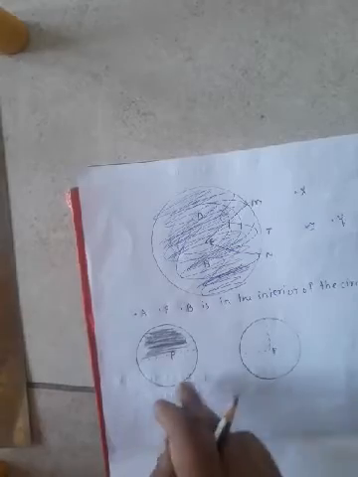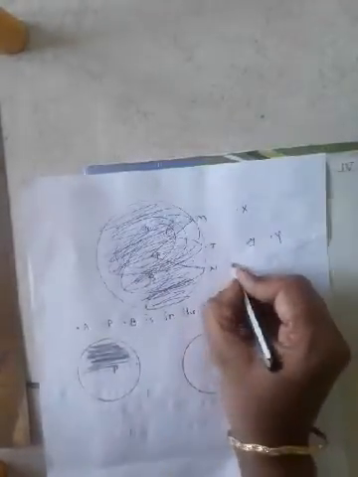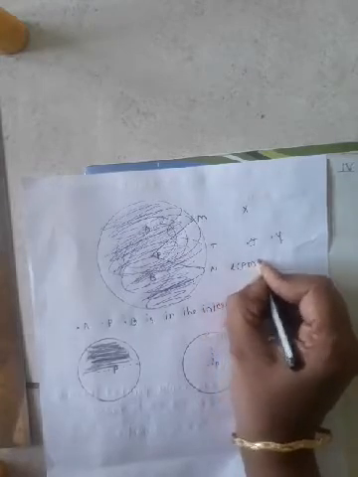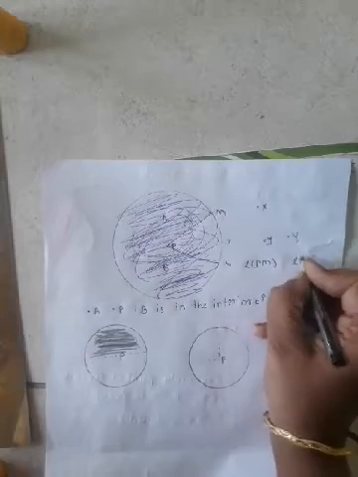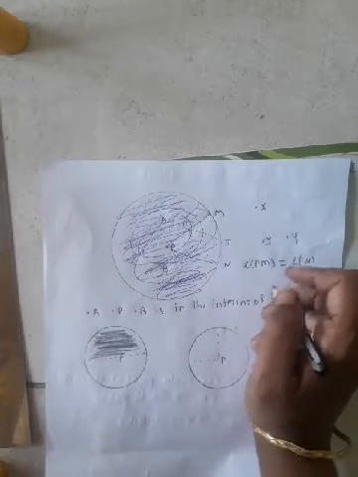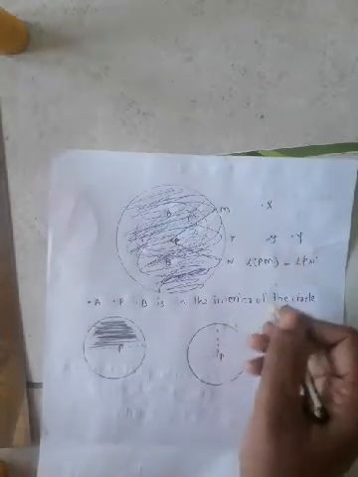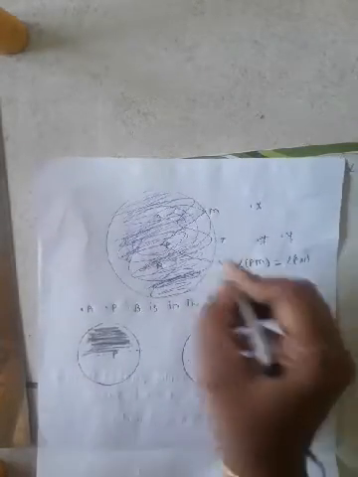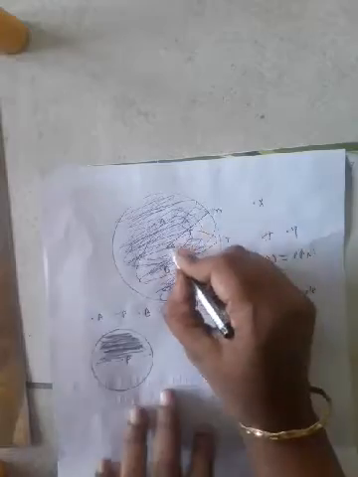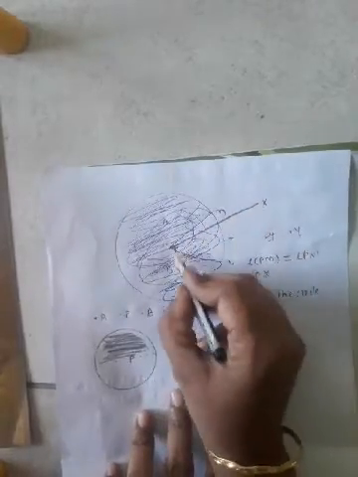Okay, now PM and PN are the same, length PM and length PN are also the same. Then I draw one line from P to X, and P to Y also.